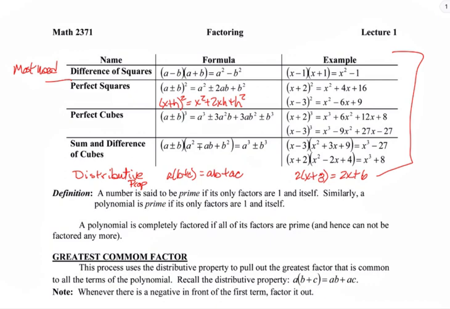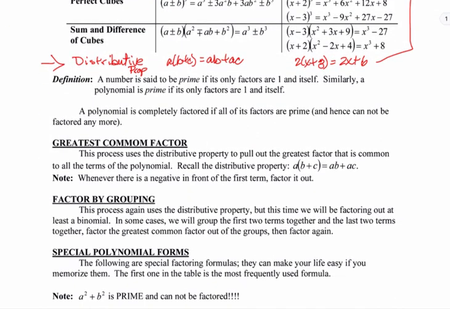These are the most used of the formulas that you will come across. You also need to know what it means to be prime: a prime is a number that only has one and itself, and so a squared plus b squared is prime.